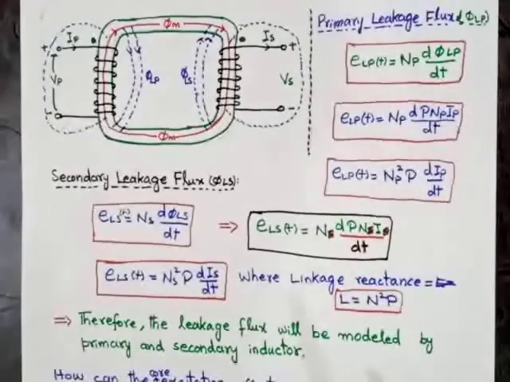So that's why the leakage flux will be modeled by the primary and secondary inductor, or by primary and secondary reactance, because the leakage reactance is basically equal to N square into P. So when we present the leakage flux in an equivalent circuit, we will present it with the inductor, or the reactance of the inductor, in the primary and in the secondary circuit.